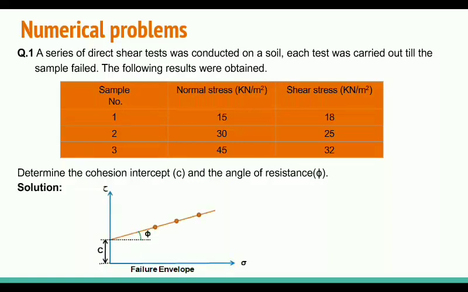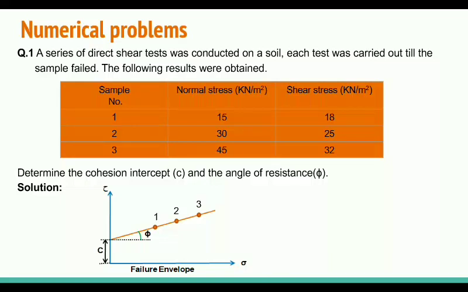I'm just discussing the procedure. Plot coordinate 1, that is 15 and 10, coordinate 2, that is 30 and 25, and coordinate 3 for the third sample, that is 45 and 32, and draw a straight line passing through all these coordinates.